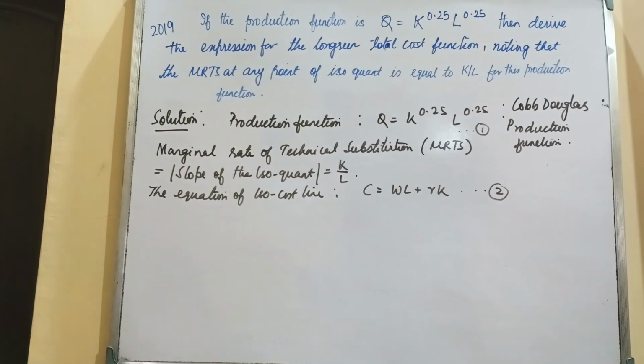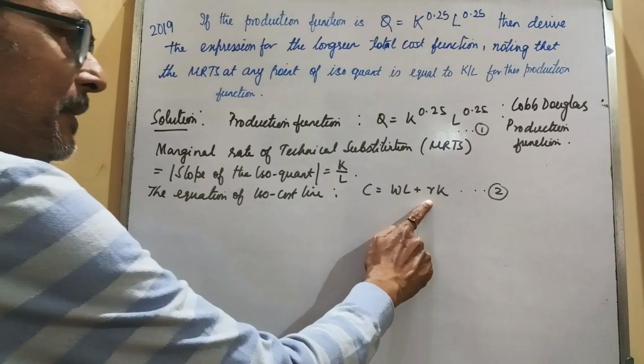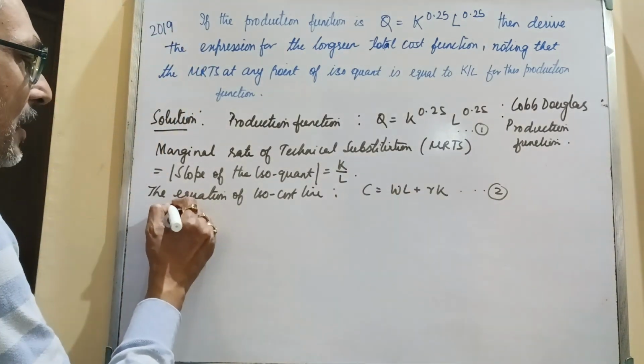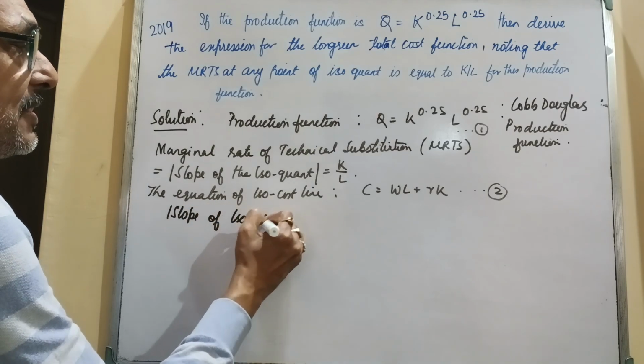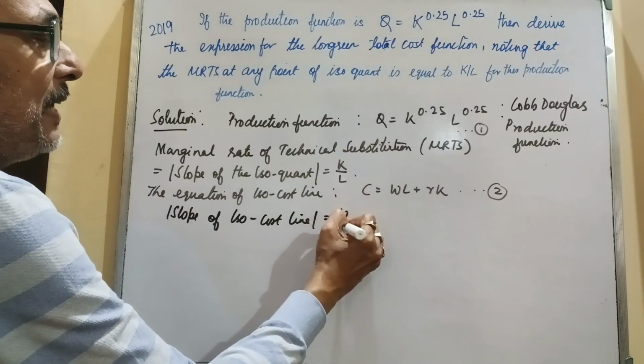What is C? C is the total cost. R is the rental rate, that is the price of capital. W is the price of labor. Now, the absolute slope of the isocost line is equal to W by R.